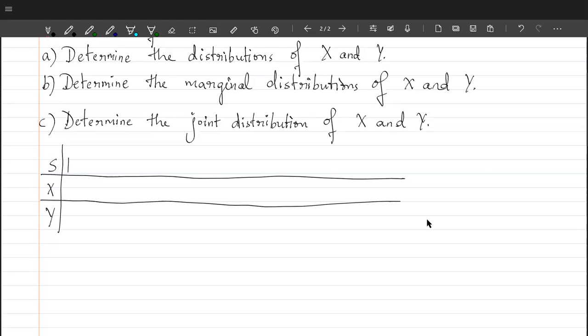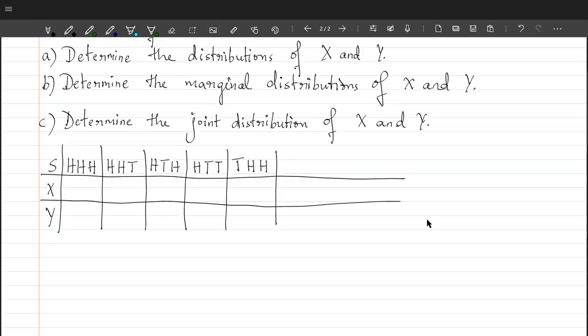So the first event here which I can consider is H, H, H. Then the next event can be H, H, T. Then I can take H, T, H. I can consider H, T, T. Then after that, I can take T, H, H, T, H, T, T, T, H, and T, T, T.